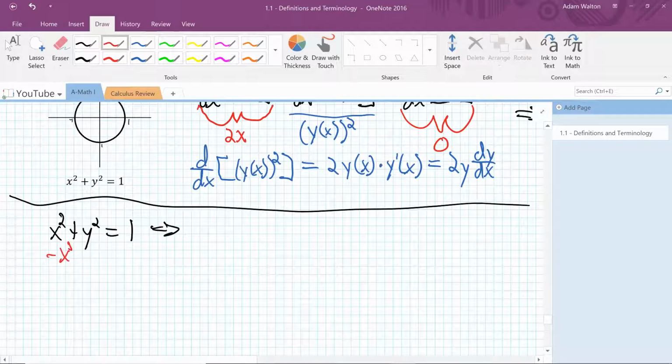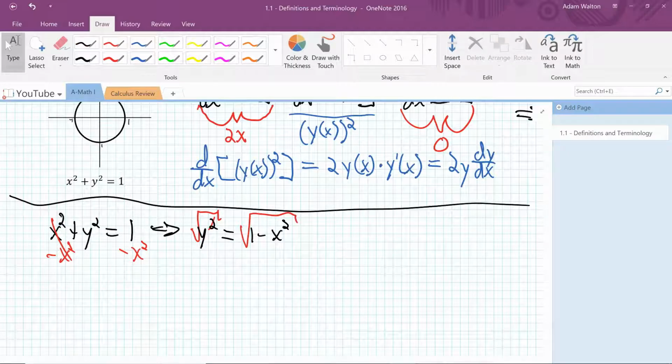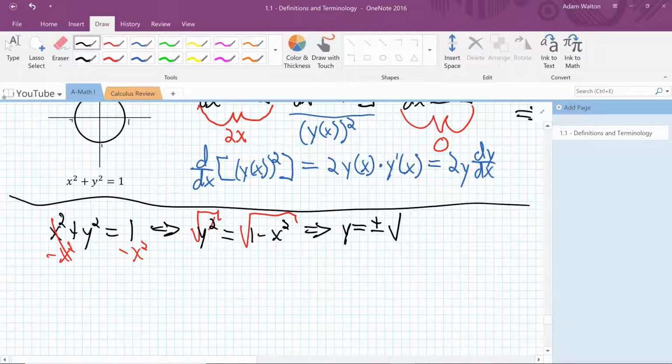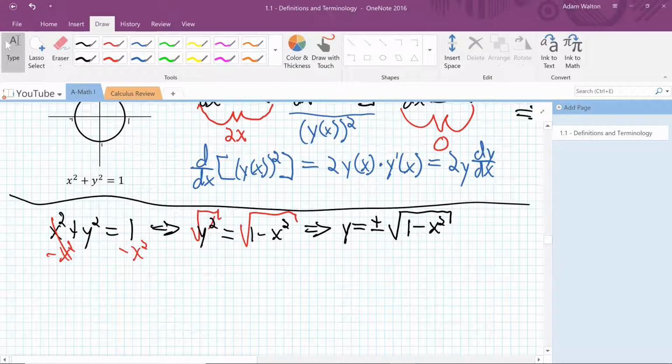So we're going to subtract x squared. y squared is equal to 1 minus x squared. We're going to take the square root, and we have two solutions. y is equal to plus or minus the square root of 1 minus x squared.